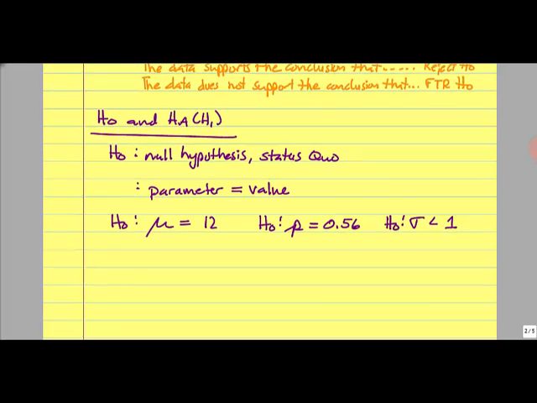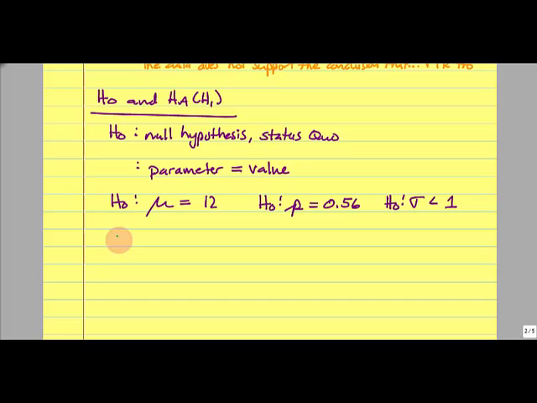Now the HA, the alternative hypothesis, is called the experimenter's hypothesis. And what we do then as an experimenter, something we're trying to figure out, we say, well, I believe it's different from what we already think we know. So again, this is the experimenter's hypothesis. This is the experimenter's claim.